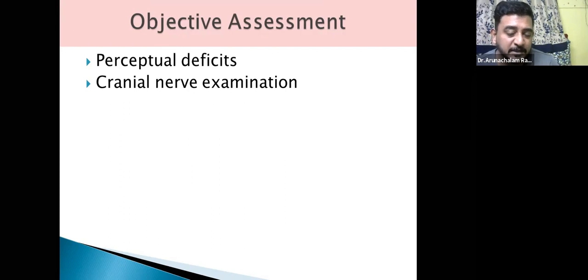That is called expressive aphasia, where you can say the lesion is in the frontal lobe and the Broca's area is affected. If the patient is able to articulate things but is not able to understand things, then you can say the problem is in Wernicke's area, called receptive aphasia. So based upon that also you can localize the lesion.